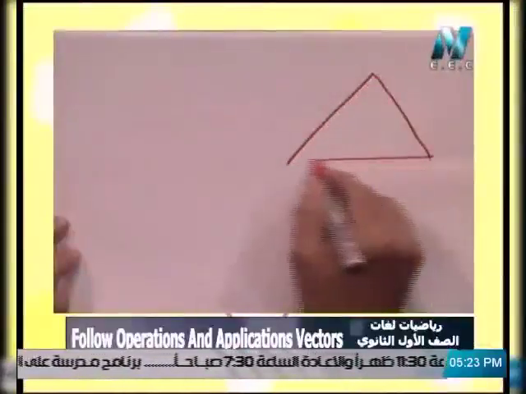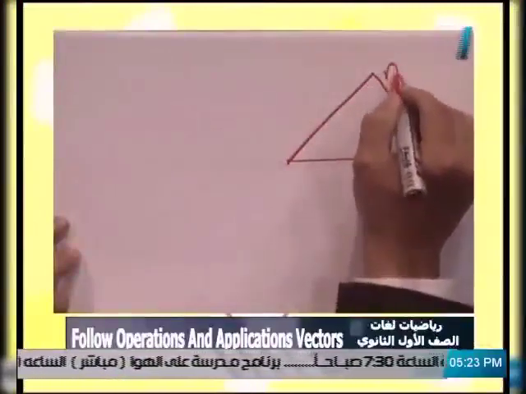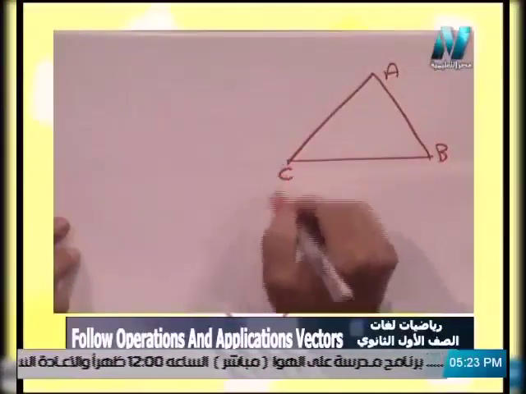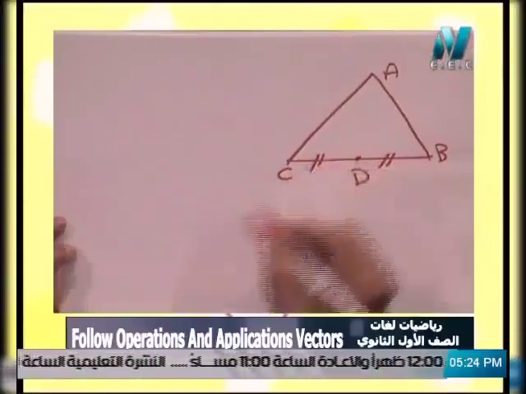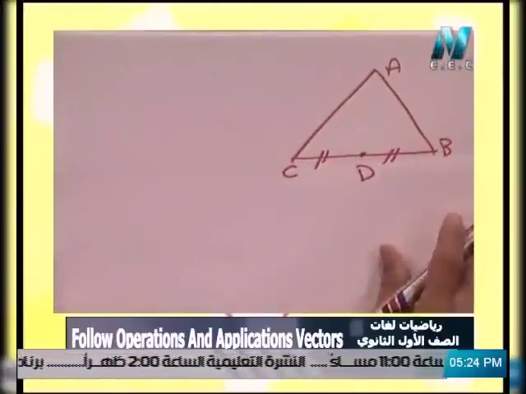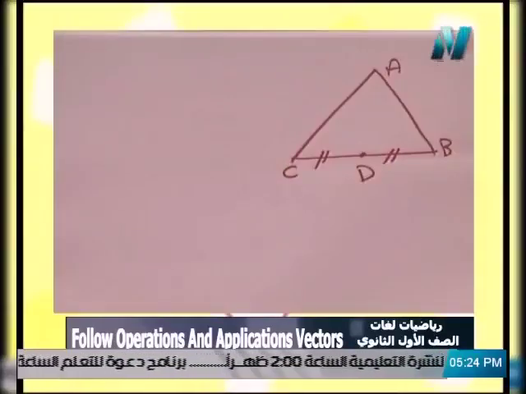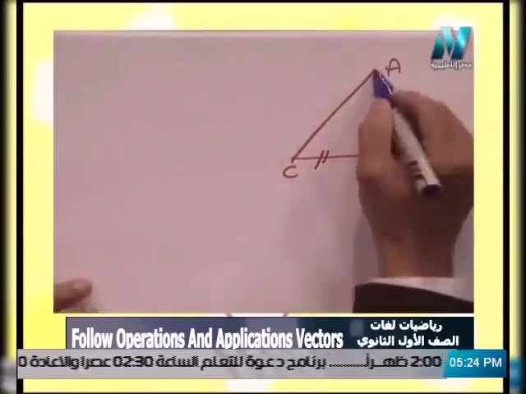And we have another example here for the triangle. So concentrate with me. If we have a triangle here like that, this triangle is called ABC, and we have D as a midpoint here, and AD is a median.